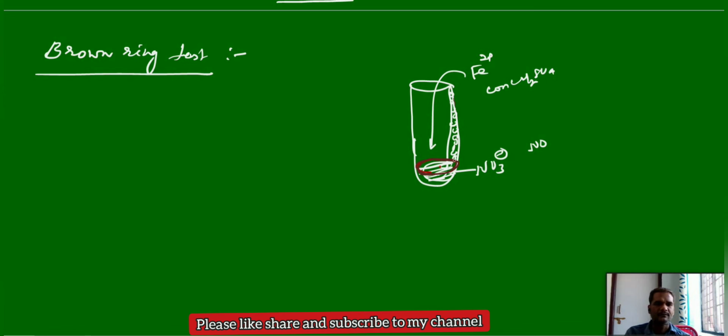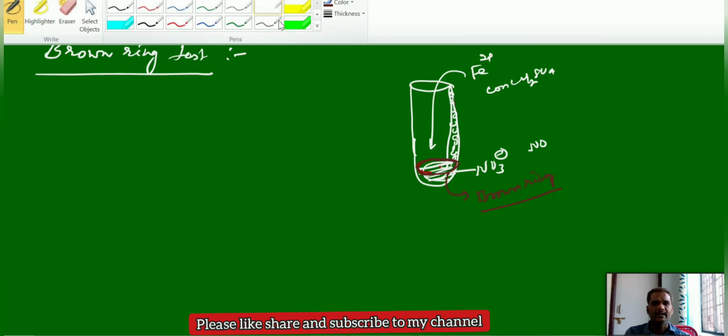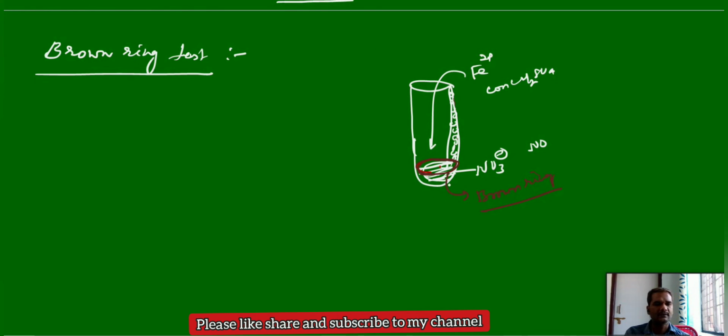It will form a kind of ring when the H2SO4 spreads over that liquid solution, and you can see the clear visibility of that brown color, and that is called the brown ring. The formation of this brown ring confirms that nitrate salts are there in the given salt. Like this we can confirm.